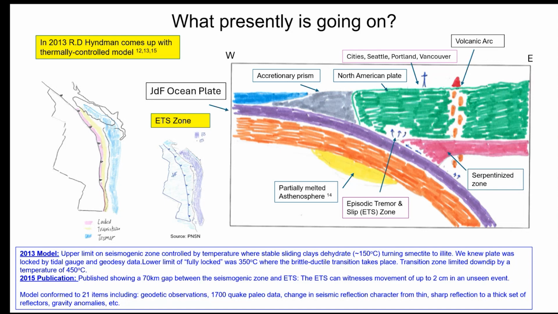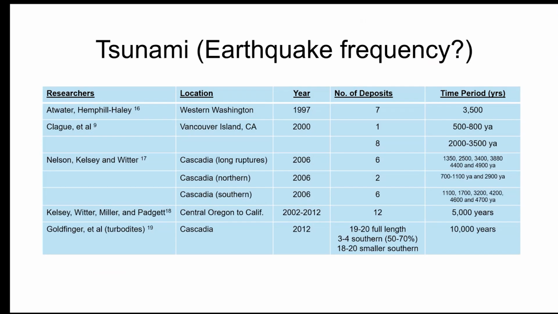You can kind of see up at the top where this is all happening compared to the big cities, Seattle, Portland, Vancouver, and then the volcanic arc to the east of those cities.